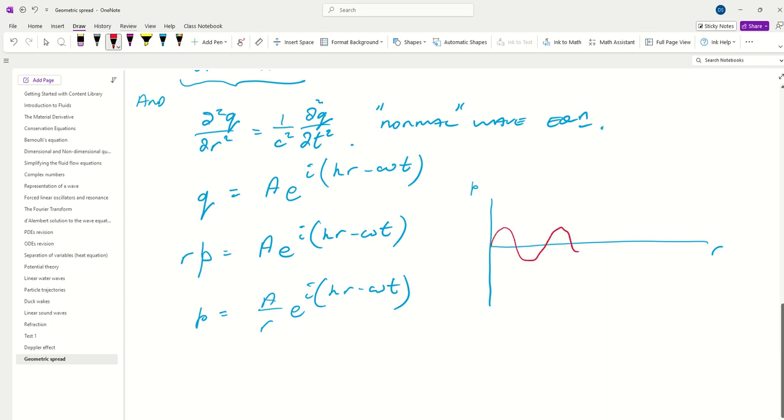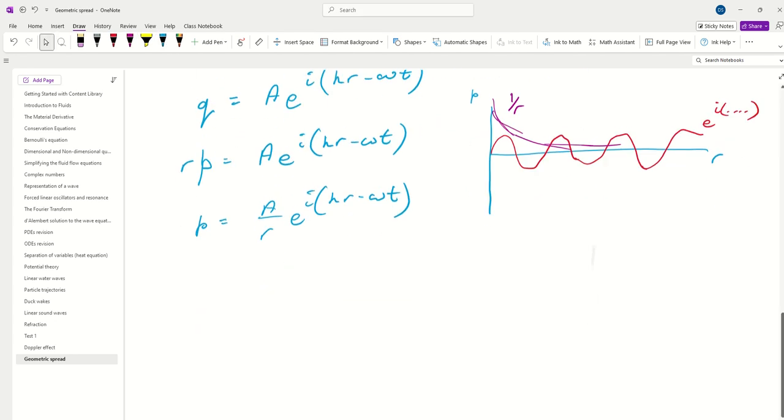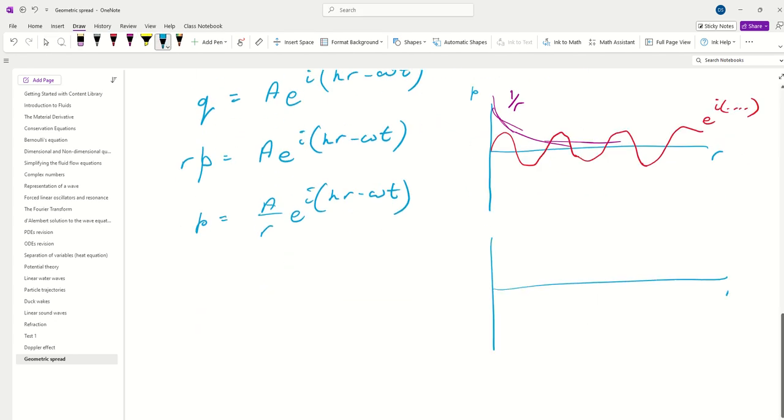We've got the sinusoidal component, or the e to the whatever component. Then on top of that, we've got a 1 on r dependence. So overall, our pressure looks like something like this. Right, a sinusoid with a 1 on r decay.